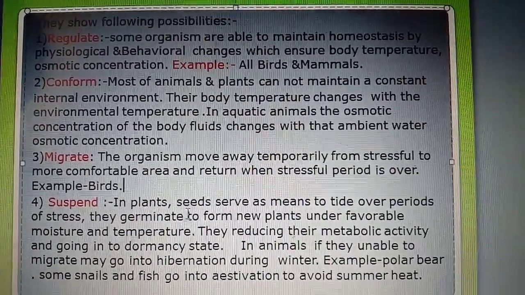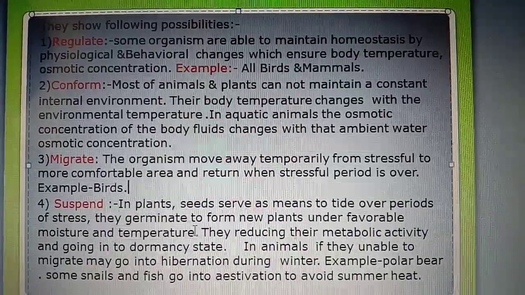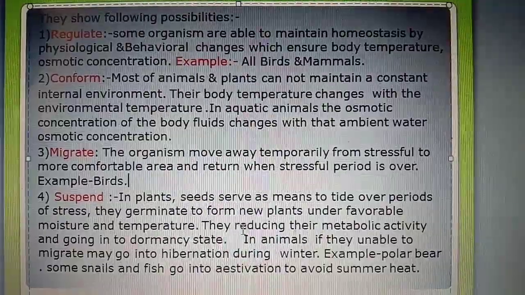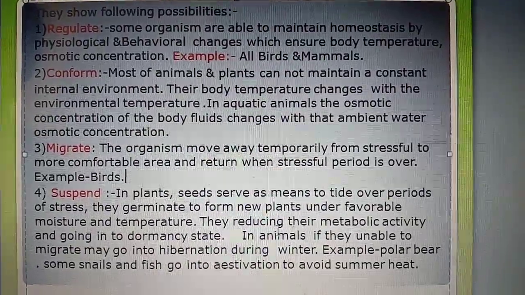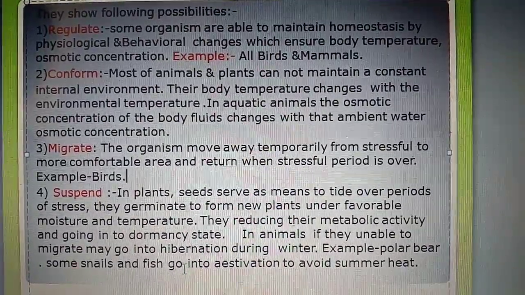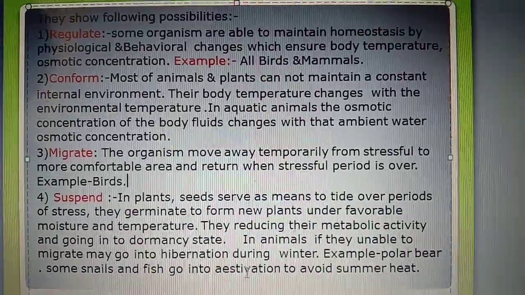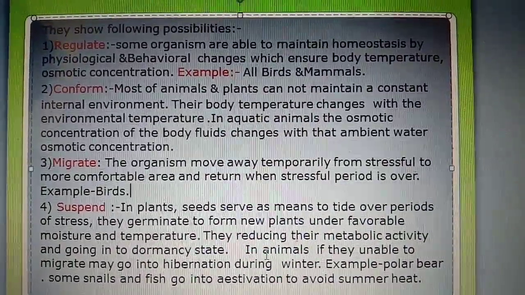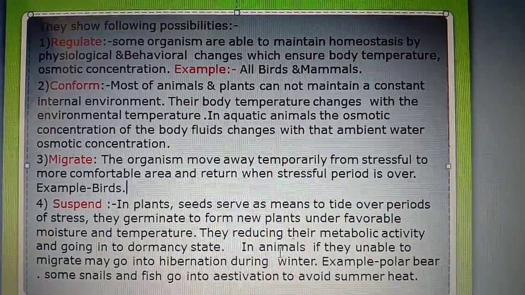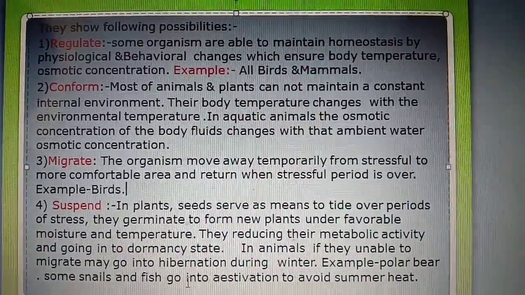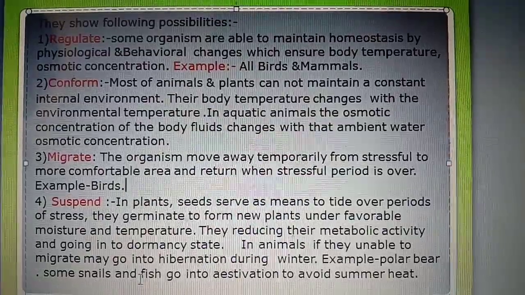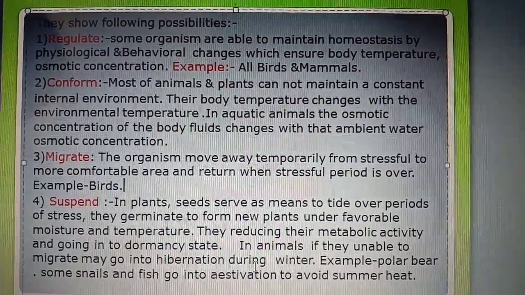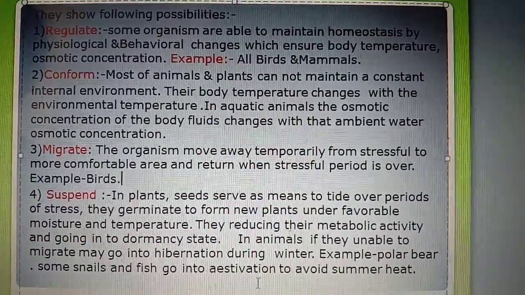When they do not germinate, this condition is called a dormant condition. They reduce their metabolic activity and go into a dormancy state. In animals, if they are unable to migrate, they may go into hibernation during the period.